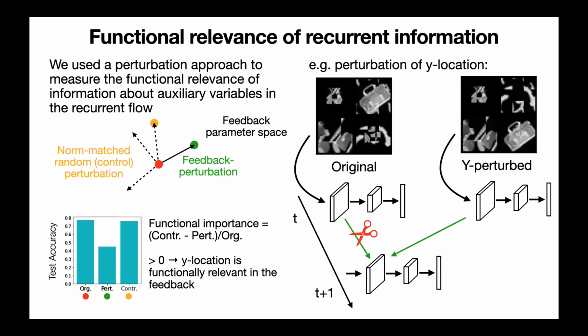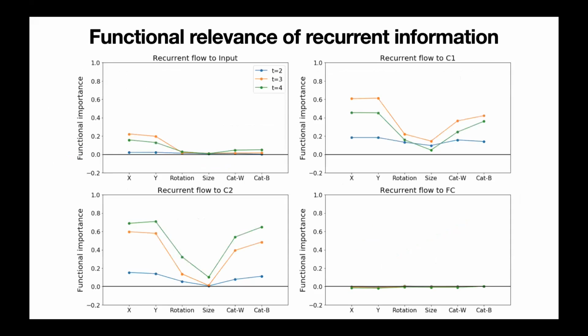So this way we can measure the functional relevance as the difference between the random perturbation and the actual perturbation, as a ratio of the original performance. And this is what we get.